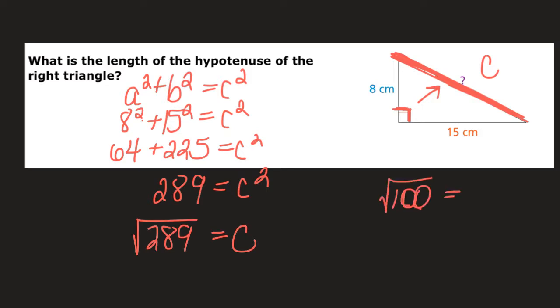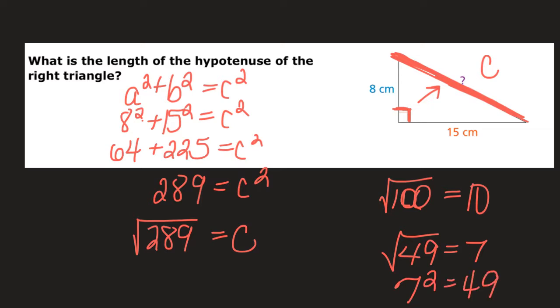Well, I know that's 10. 10 times 10 is 100. Or the square root of 49, which is 7. So we are taking the square root of something, so it's no longer going to be 7 squared or 10 squared. Now it's just going to be 1C.